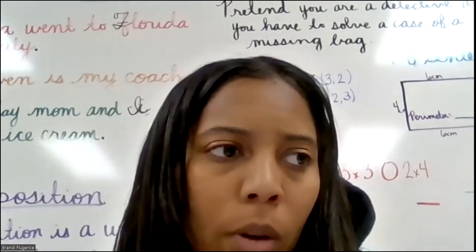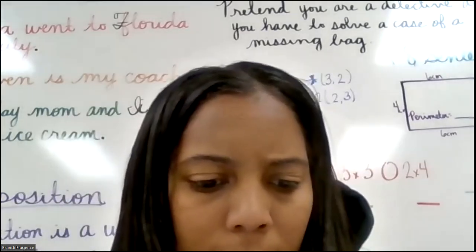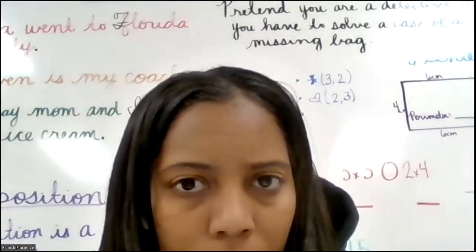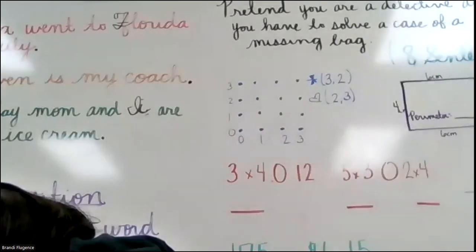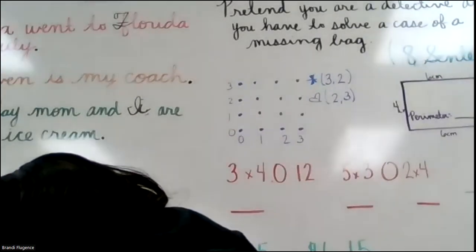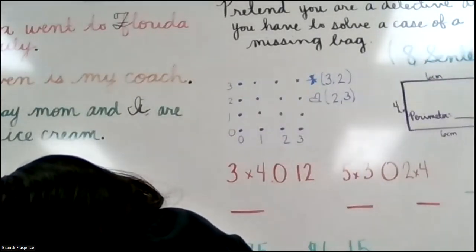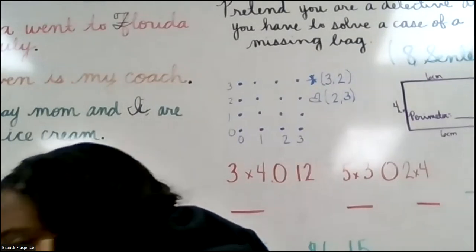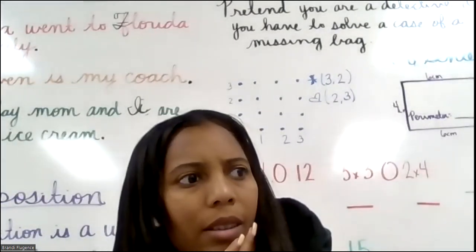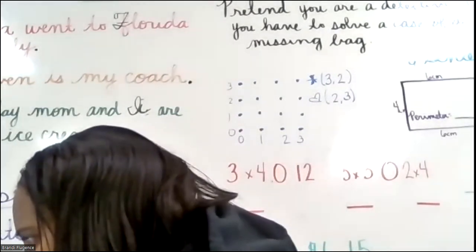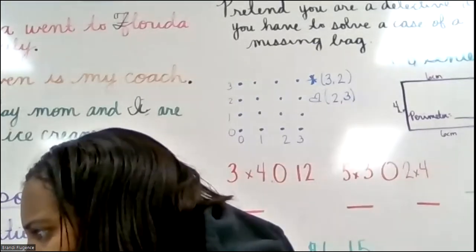Okay, and then where are we at? 2 times 8 is 16. I said 2 times 8 is 16. 8 plus 8 is 16.